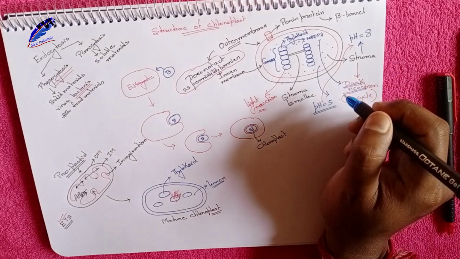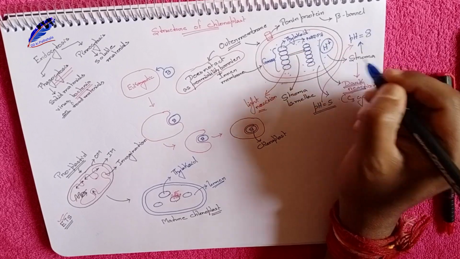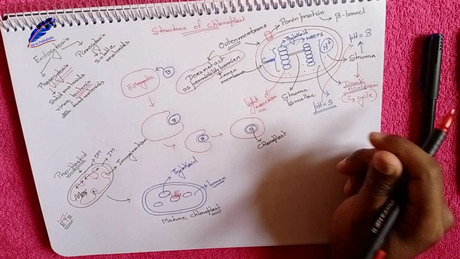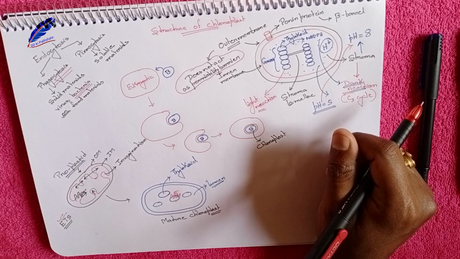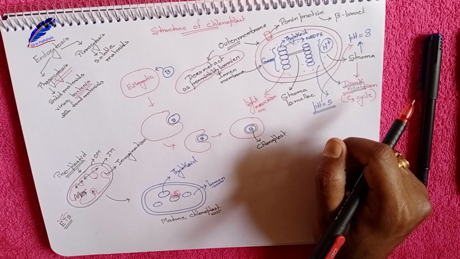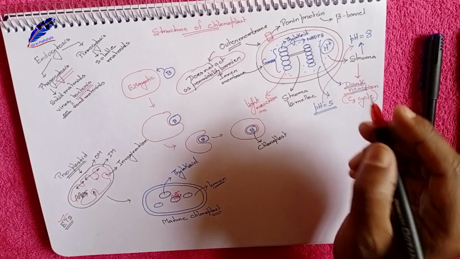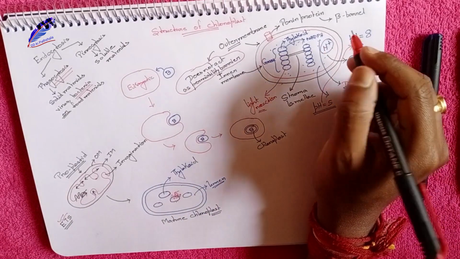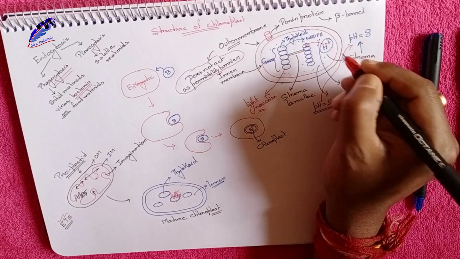And for shifting the pH, the concentration of hydrogen inside the stroma should be reduced, which is done during the light reaction. We will study in the later phase that during the light reaction, when the Z-scheme runs, an intermediate molecule called plastoquinone accepts this hydrogen from the stroma and makes it enter into the thylakoid.